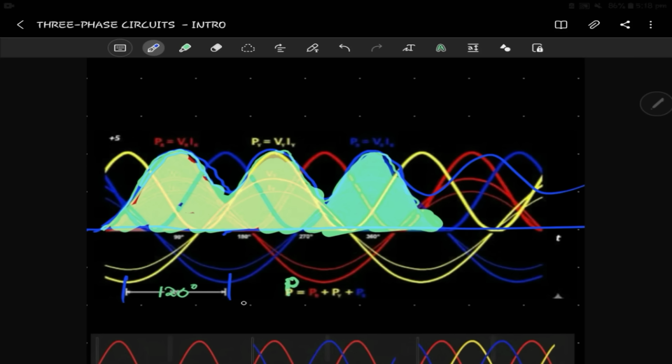So the phase angle between them is 120 degrees. Now if you are measuring from the red to yellow, it will still be the same thing, 120 degrees, and from the blue to red it is still the same. So in a three phase system, they are 120 degrees apart from each other. So that's the three phase system, right?